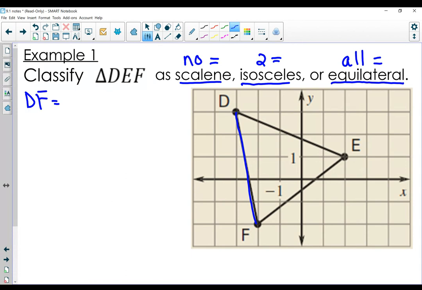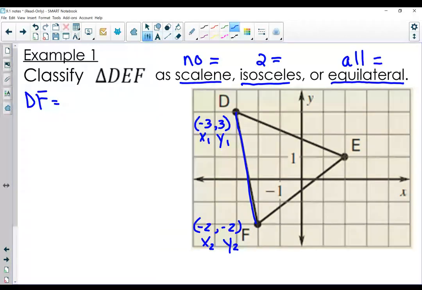And in order to use that distance formula, I have to have ordered pairs here. So let's see, D would be at -3 up 3. So -3, 3. And F is at -2, -2. So I have my x1, y1, and I have my x2, y2.